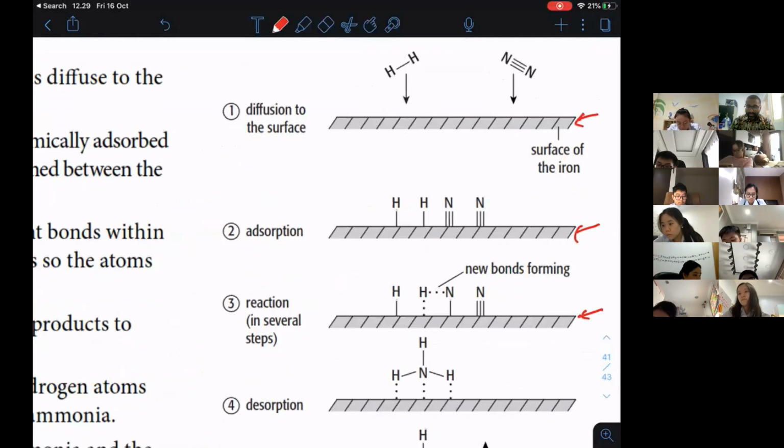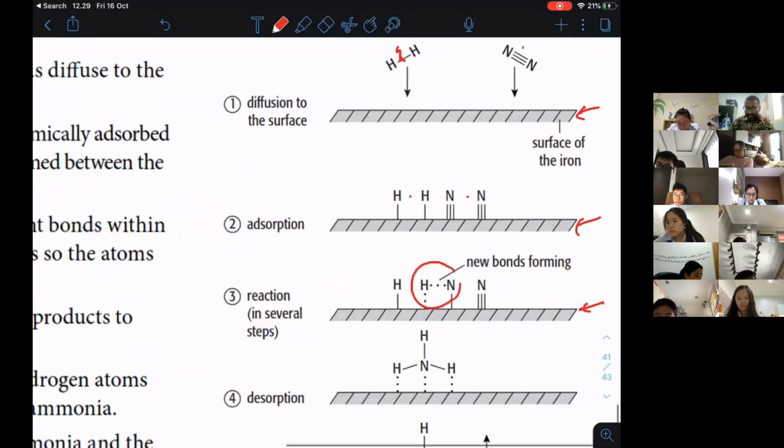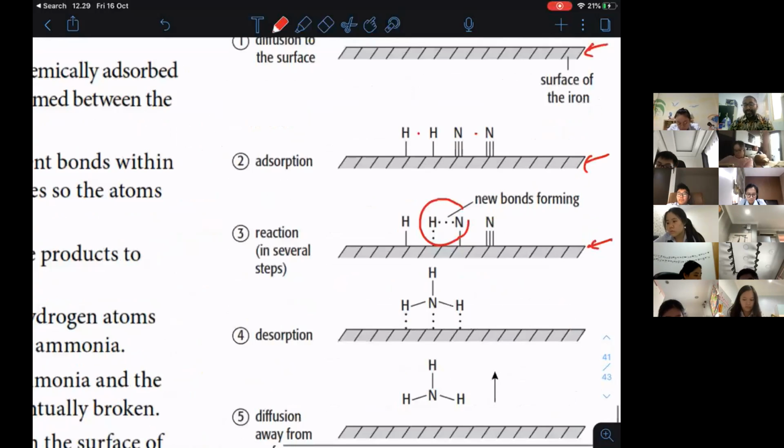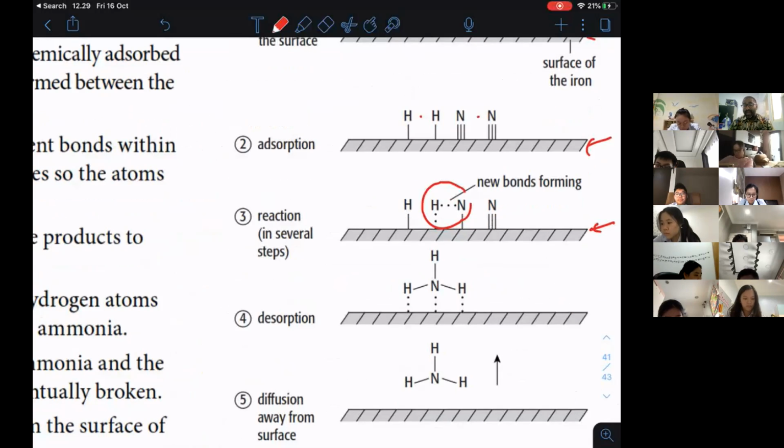Then they form new bonds, and then desorption: they detach from the catalyst and move away. This is generally how the heterogeneous catalyst works.